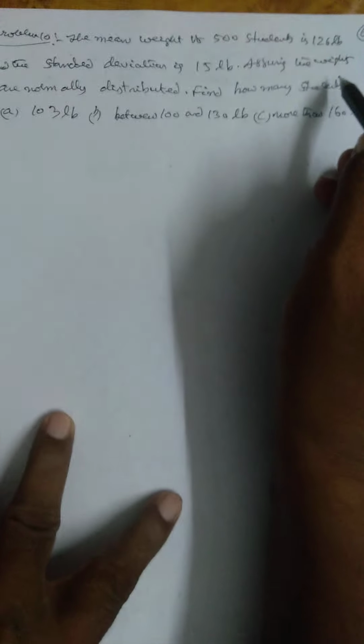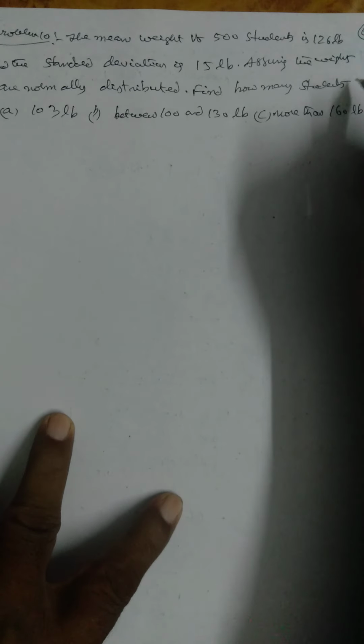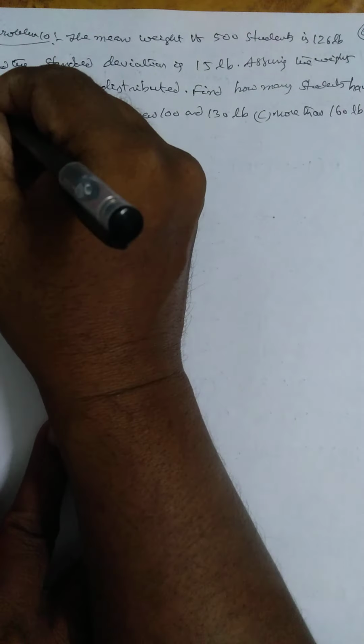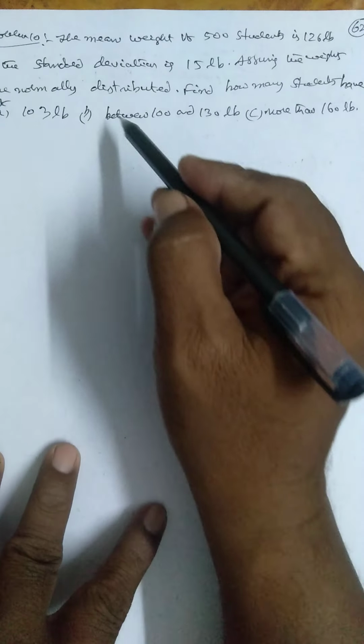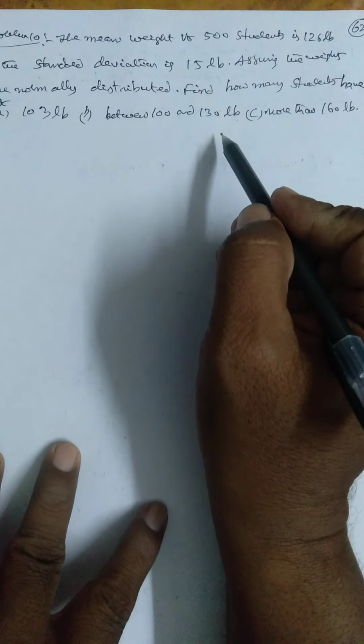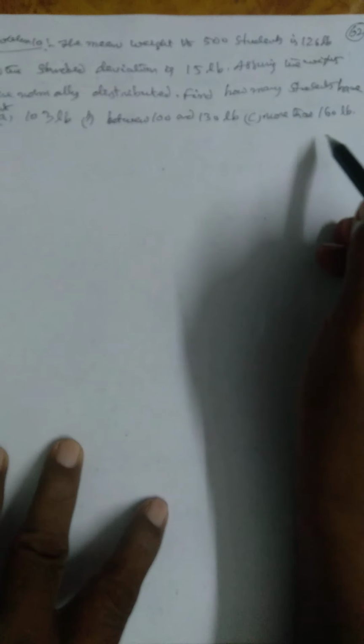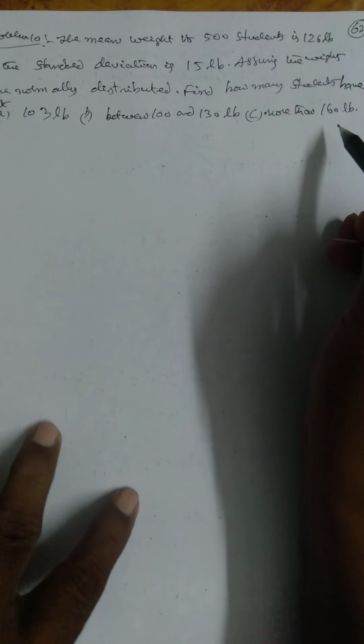Assuming the weights are normally distributed, find how many students have weight: A, 103 lb; B, between 100 and 130 lb; C, more than 160 lb.